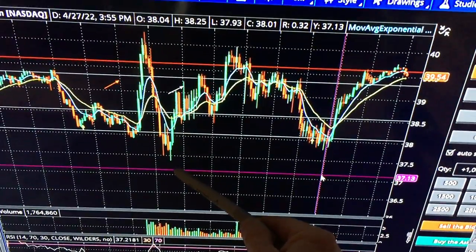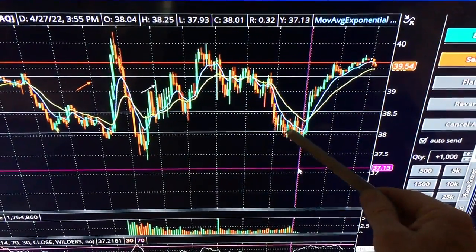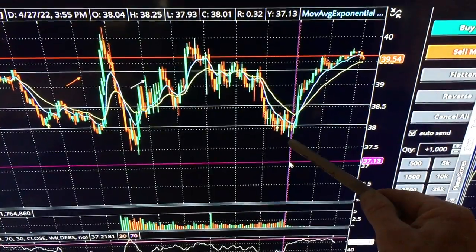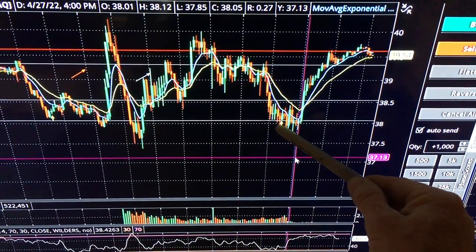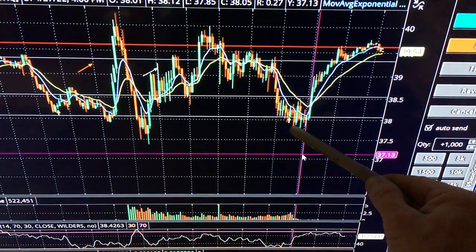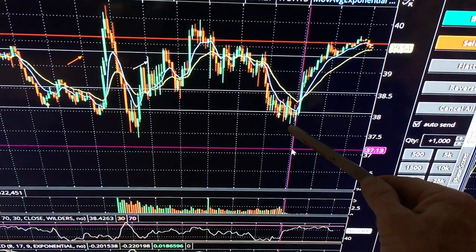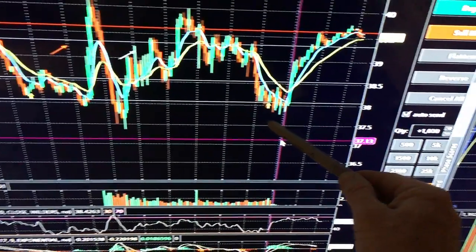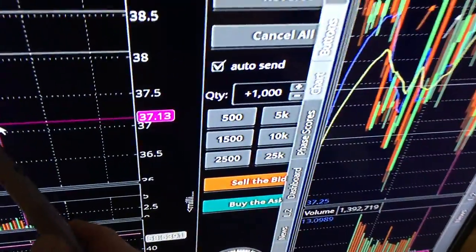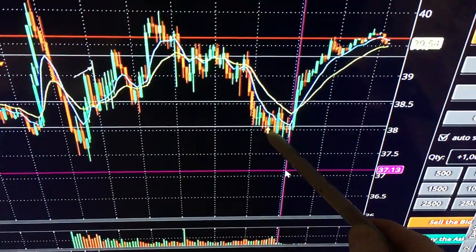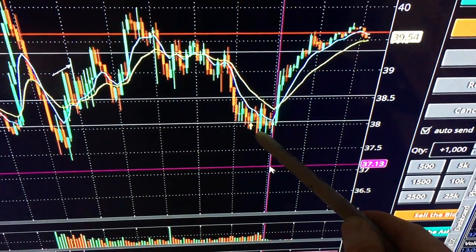Let's zoom out here. Got down in here. Now, I was at the computer at this point, and I was considering taking a trade here. I was thinking about 1,000 shares. I still have it dialed in. I was thinking 1,000 shares in here.